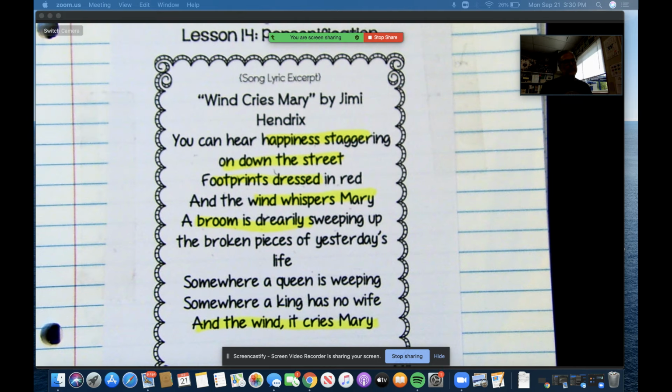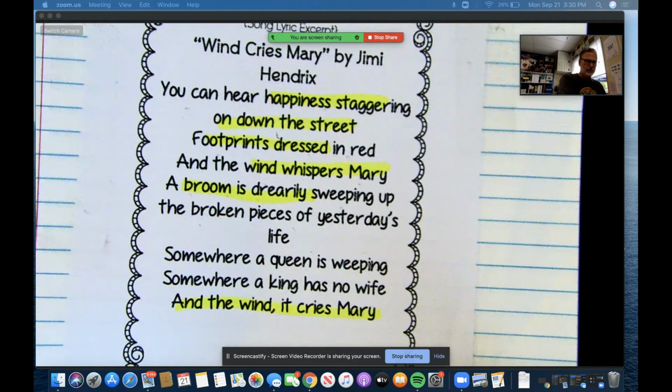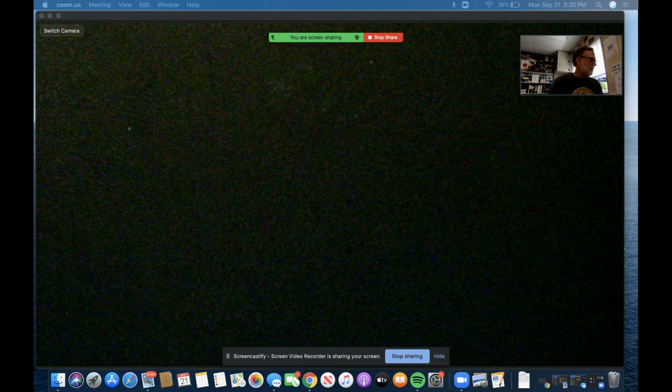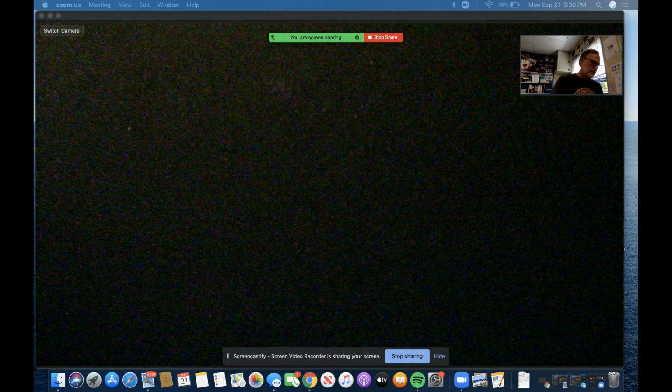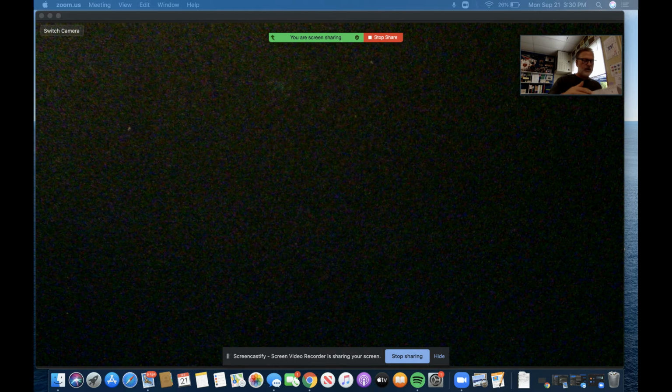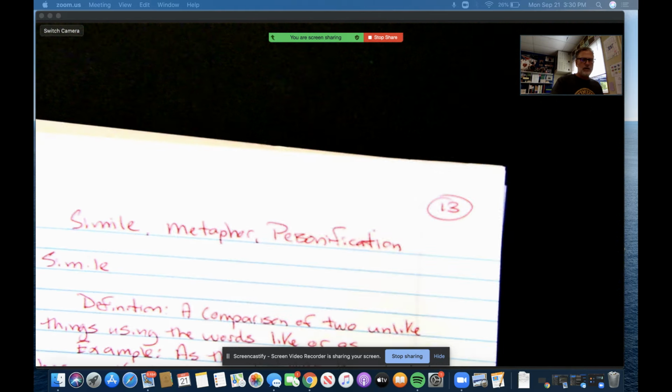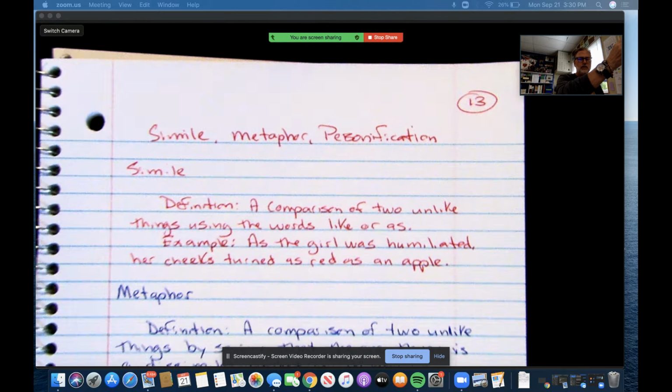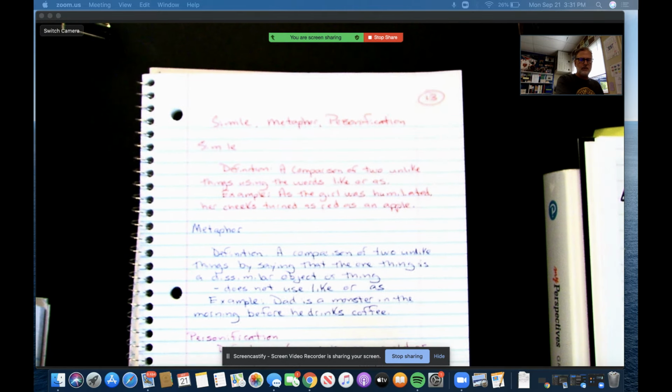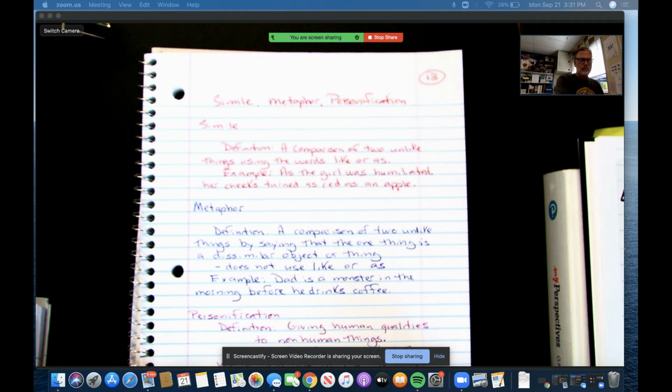So now make sure you've turned to page 13 in your Holy Book of Writing. Okay, so I'm going to remove this, because you don't have to have that for now. And we'll turn to page 13 in our holy books, and I've already copied this down. And so here are the definitions of those: simile, metaphor, and personification.